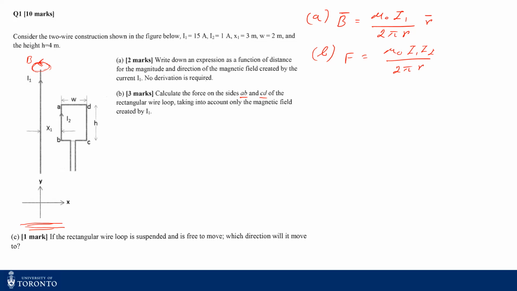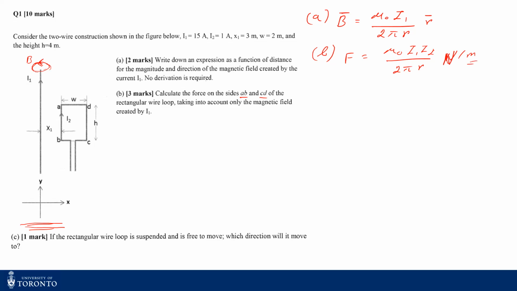This formula gives you Newtons per meter, because it gives how much force is acting on the wire per meter.